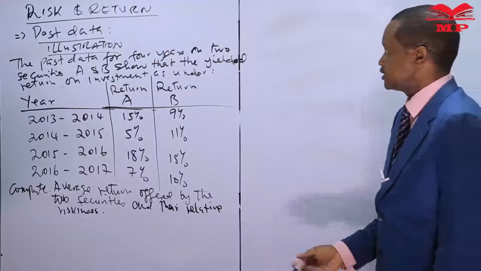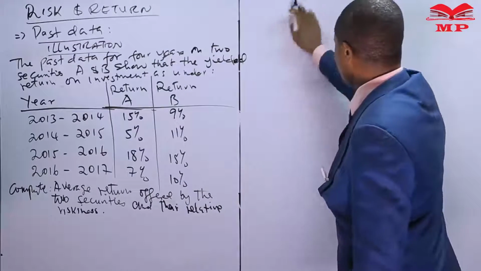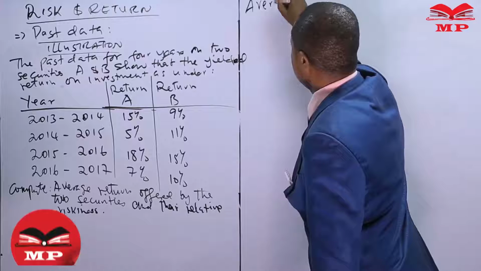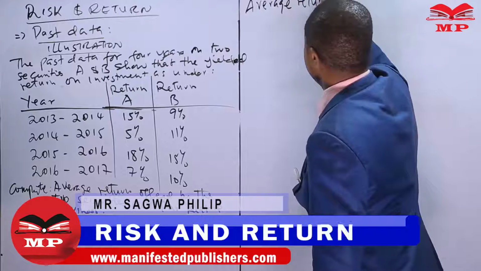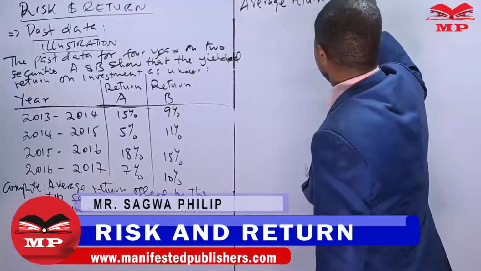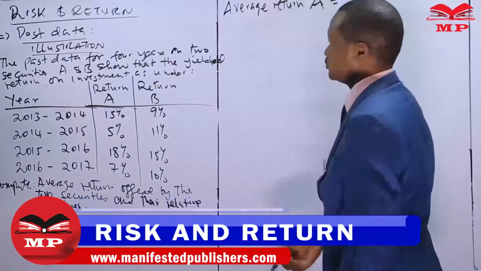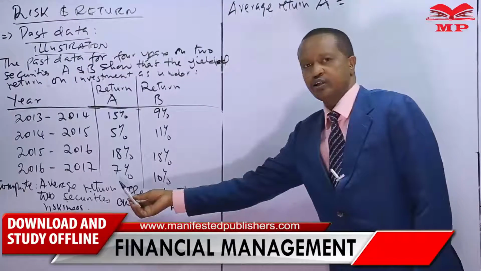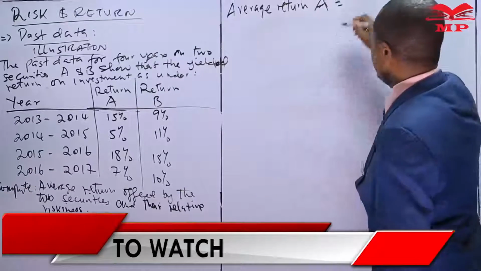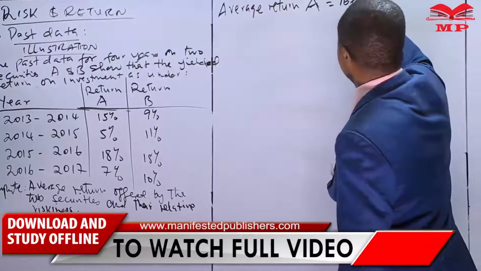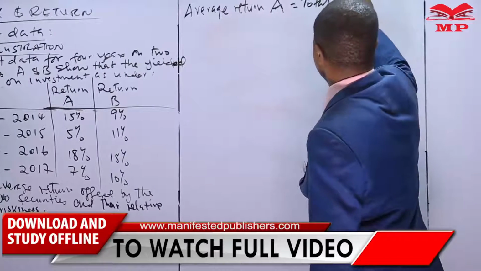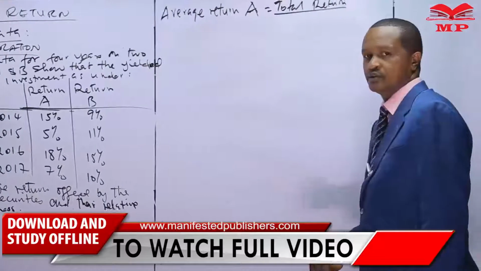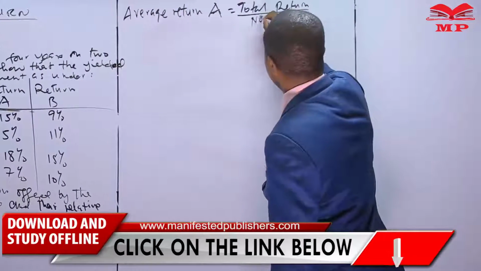So we are expected to calculate, number one, the average return. Average return for security A will be equal to the total return cumulatively over the number of years.